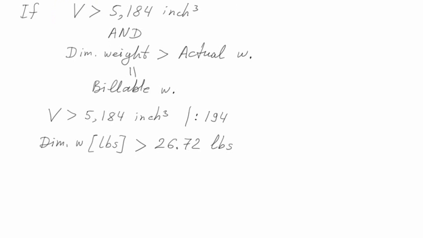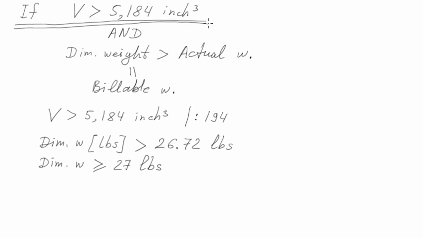So basically this inequality is essentially equivalent to dimensional weight is larger or equal to 27 pounds. So in my condition here, instead of this equation, I keep saying equation, it's inequality.